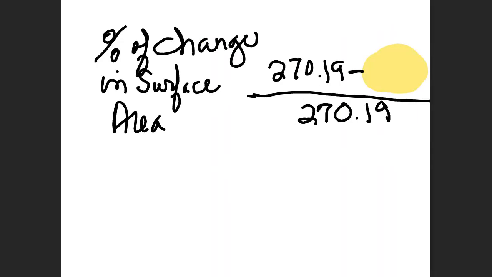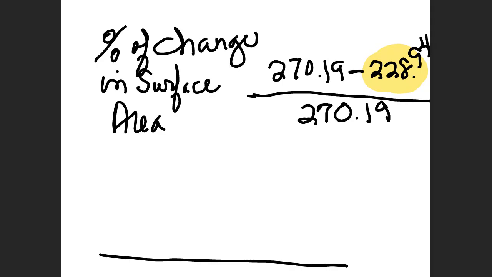Now, how do I finish part C? I am putting right here 270.19 to 228.94.